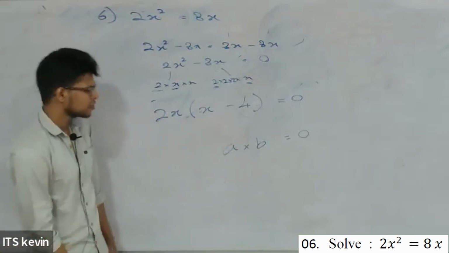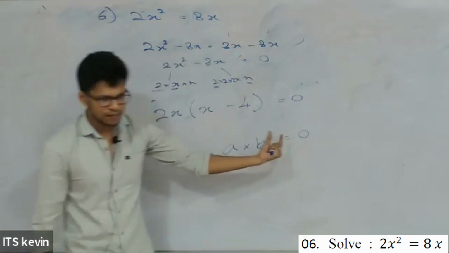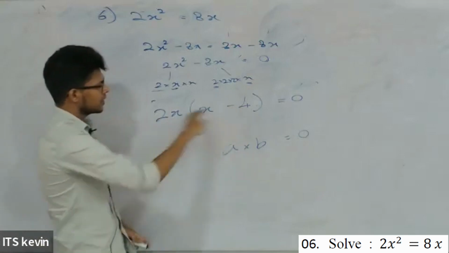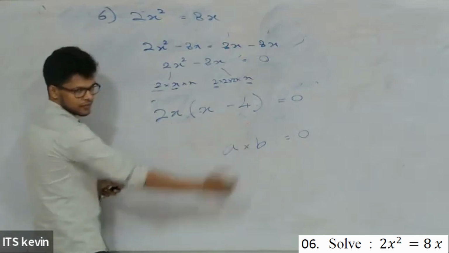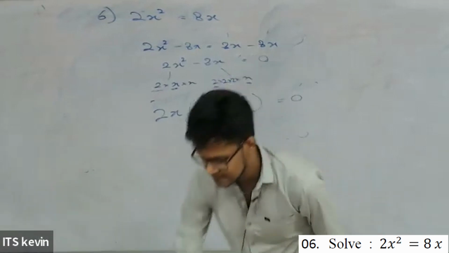One of them has to be 0, because if neither is 0, the answer will never be 0. So here also we have two multiplications, so either this one has to be 0 or this one has to be 0. Both answers we have to write.